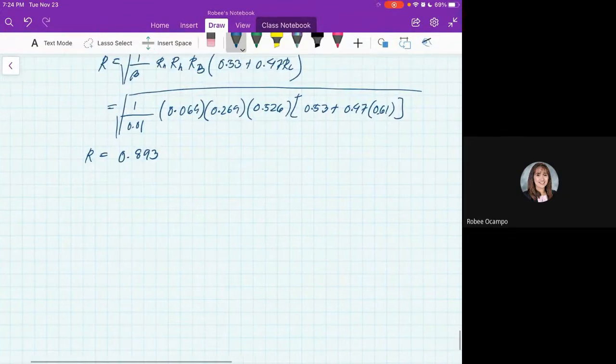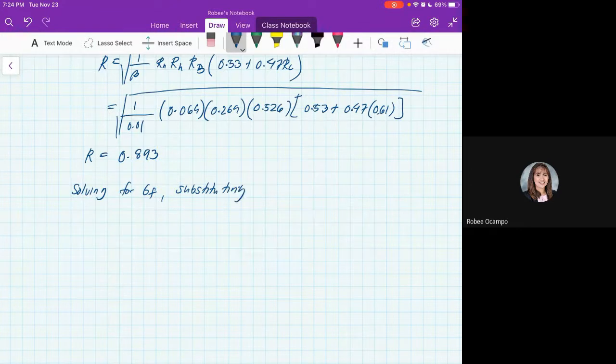Okay? So, solving for GF, substituting, GF is 0.925. Rewrite lang natin yung equation.